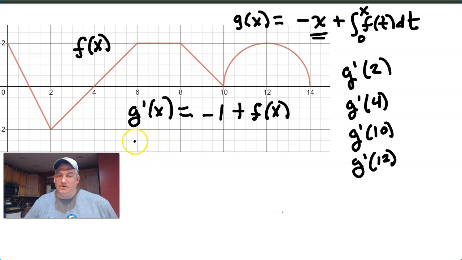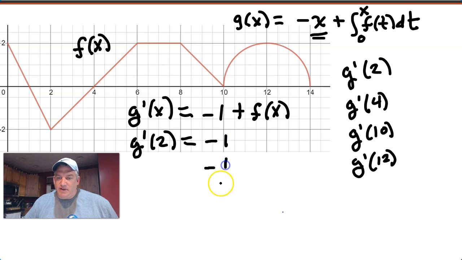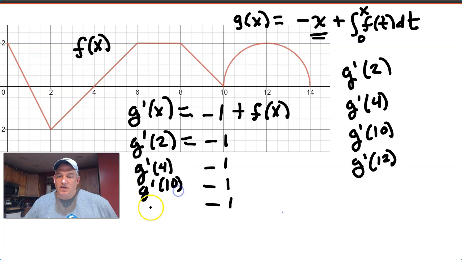So we're finding g prime of 2. G prime of 2 is equal to, well, these are all going to start off as negative 1 plus a function value. We're going to have 4 of them. So we're going to find g prime of 2, g prime of 4, g prime of 10, and then g prime of 12.